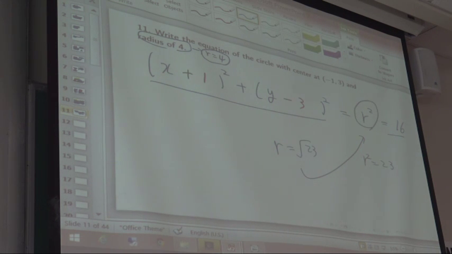So you have to square that, so r squared is 23. You have to write down the 23. Always, this is r squared, not r. So you have to square the given radius r.